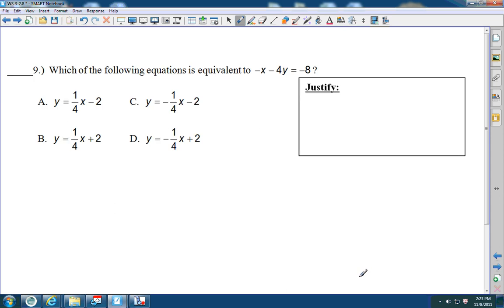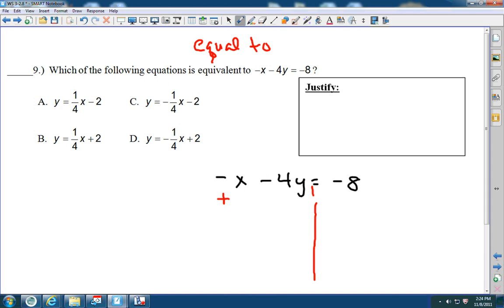Here's the next one. Which of the following equations is equivalent to, and it gives us an equation in standard form, and we need to find it in slope-intercept form. Remember, equivalent means equal. So what we need to do is solve for y. I have -x minus 4y equals -8. If you haven't done it already, pause the video and figure out what the answer is. First thing I'm going to do is add x to each side.